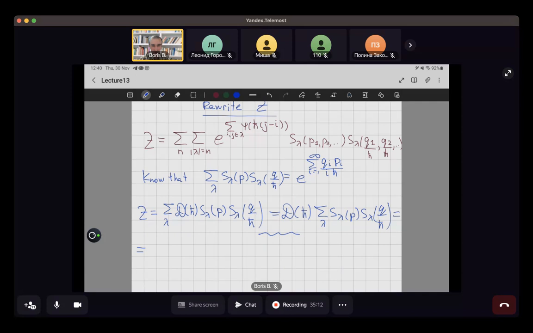And then we know that this sum is equal to this sum, this exponent.